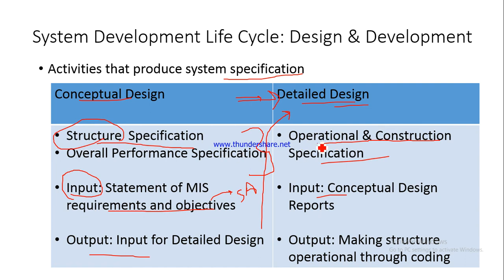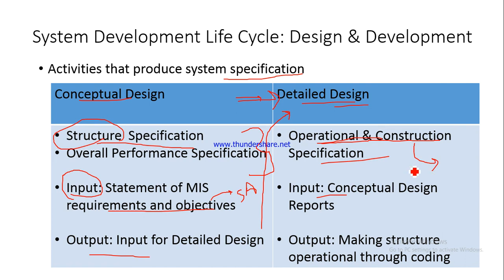In the detailed design we will come up with a more detailed understanding of the different tasks that will have to be performed by the information system. So here we'll get a clear-cut idea of the different modules that the information system will have, the different tasks that it will perform, the different inputs that it will require, and what different outputs it will provide. So everything is specified in considerable detail, and that is why this is known as the detailed design.